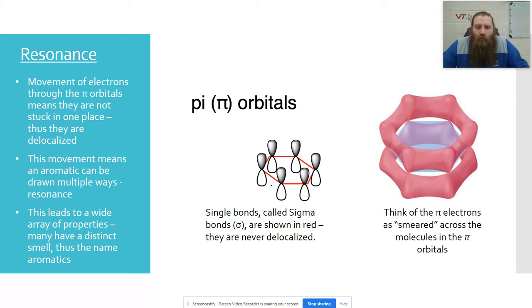But above these sigma bonds, the carbon atoms have pi orbitals. And remember, the orbitals found for each atom are slightly different.